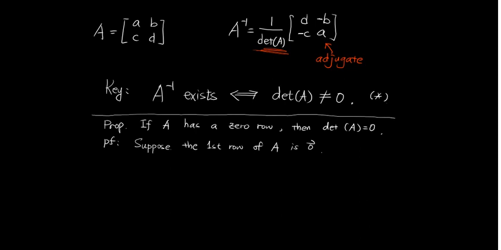Okay, then you can do such an action. You can take the first row and multiply by, say for example, 2.